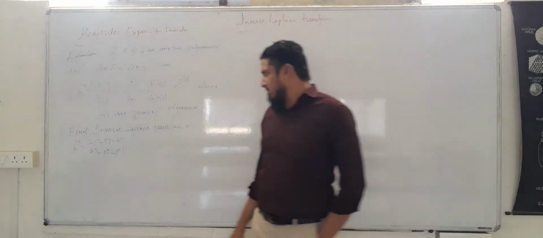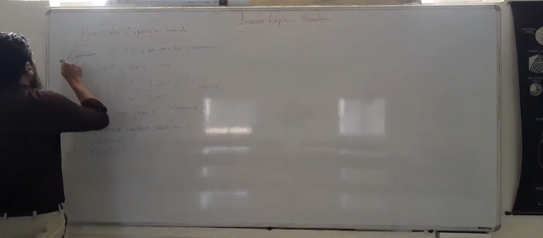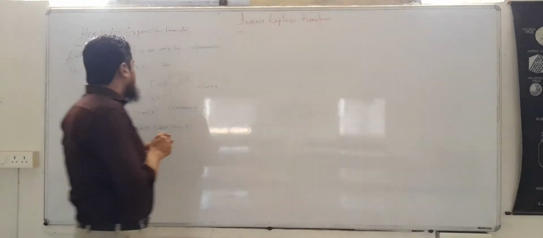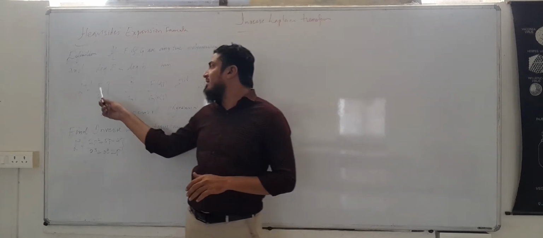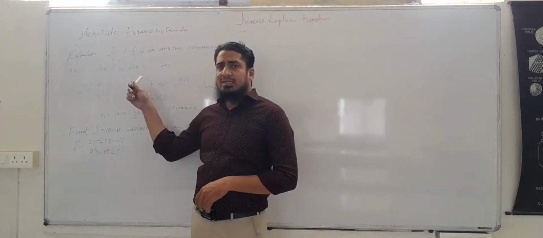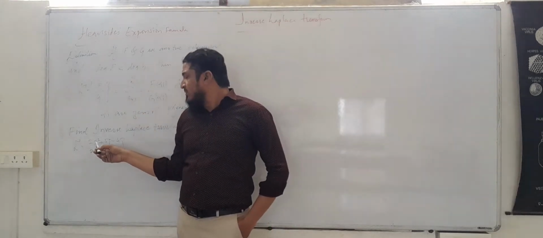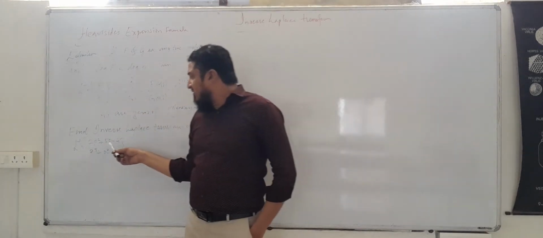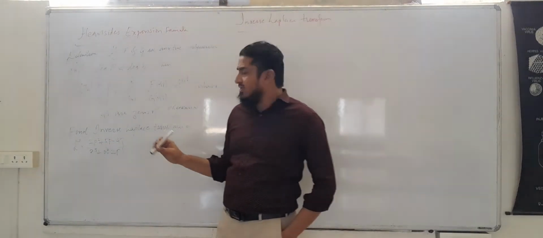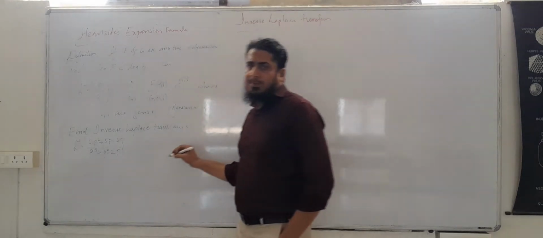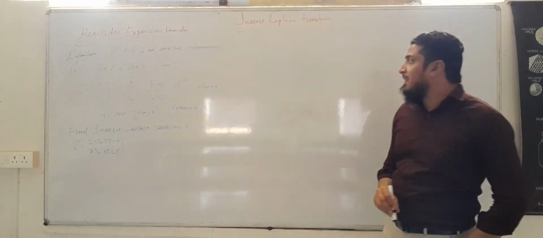Now, if you see the definition of Heaviside expansion formula, the degree of the numerator must be less than the degree of the denominator. Here the degree of the numerator is 2 and the degree of the denominator is 3. So we can easily apply Heaviside's expansion formula to solve this example.